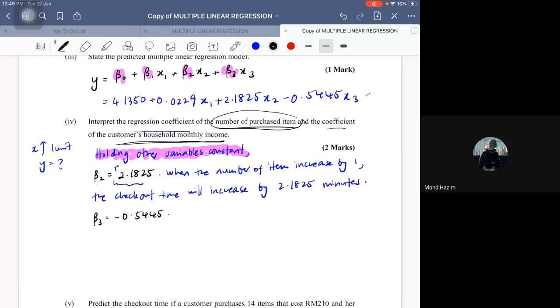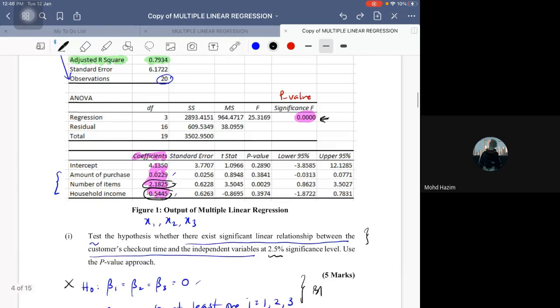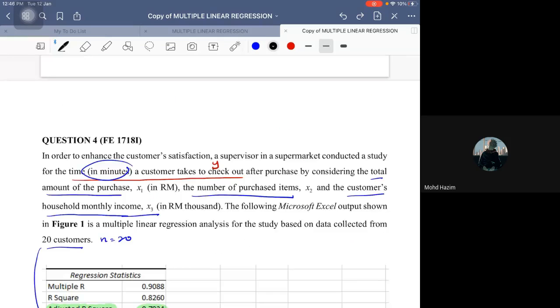I'm going to say that when the household monthly income increased by 1 unit, but here you have to check for this particular problem what our 1 unit is. The unit for household monthly income is given by RM 1000, meaning that 1 unit actually means RM 1000.